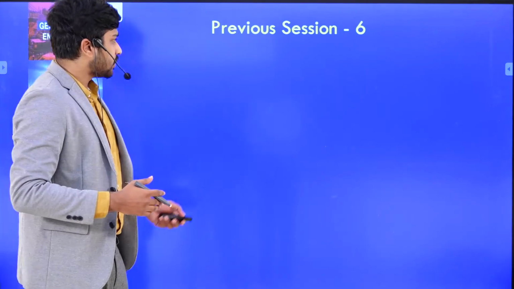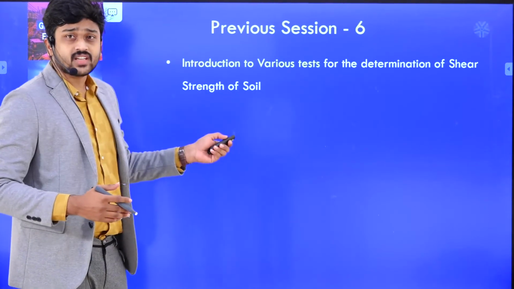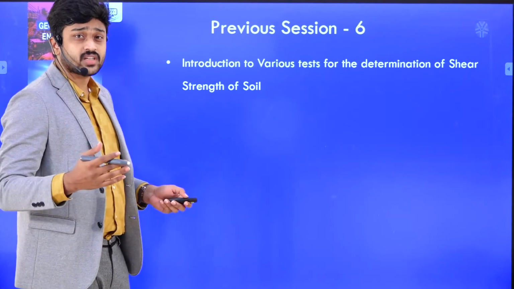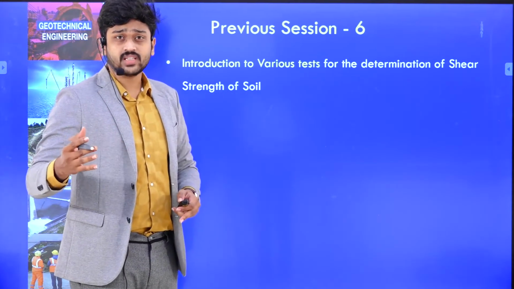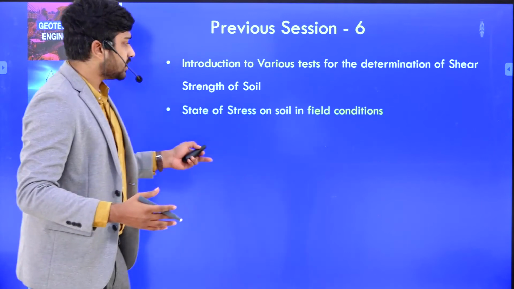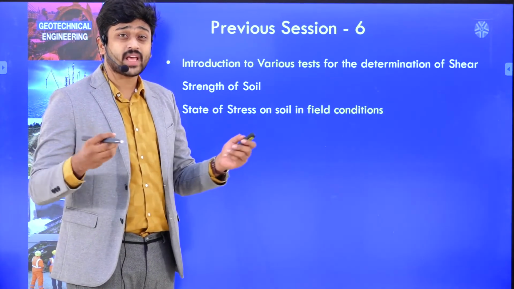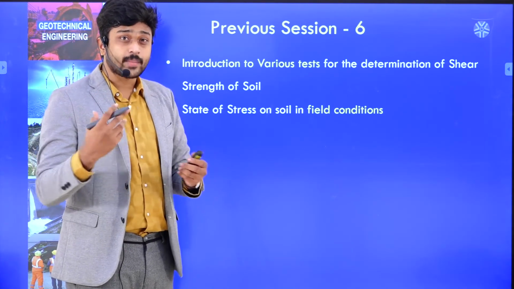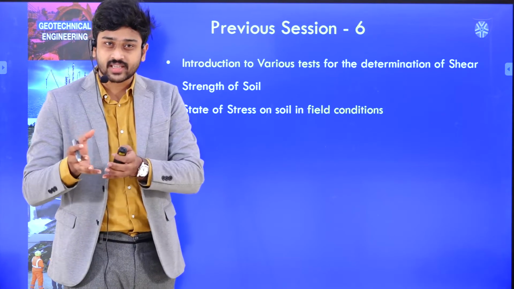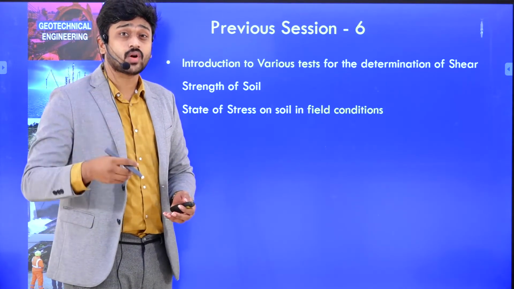Now coming to the previous session, we discussed the introduction to the various tests, both laboratory as well as field tests. After that, we understood that in field conditions, when we are applying external loads, there is an influence of the self weight of the soil present around the sample that we are collecting, and apart from that, the additional stress, say the building load or the foundation load.